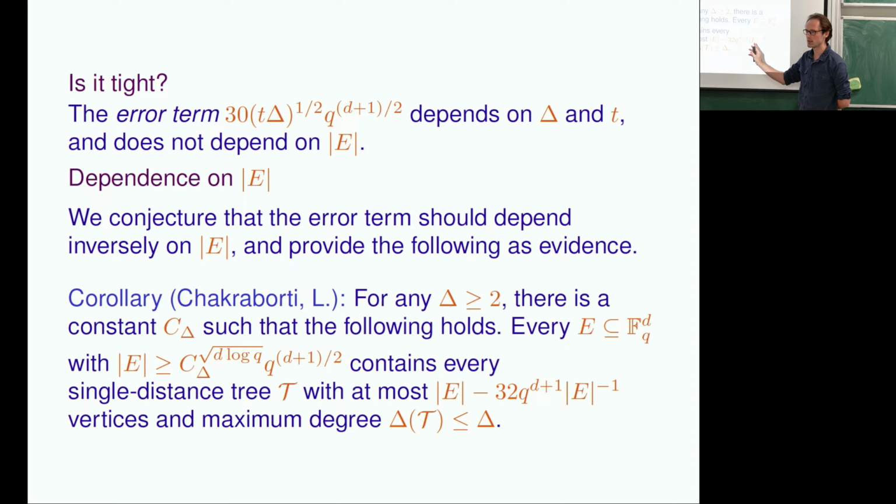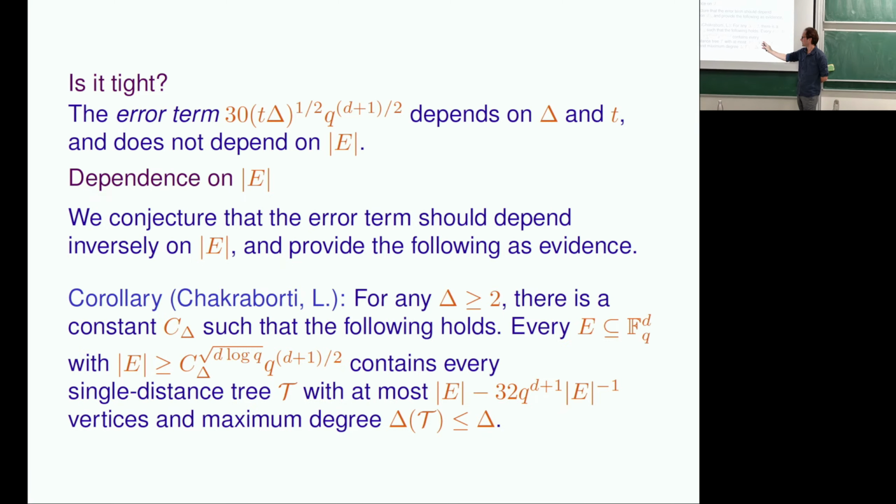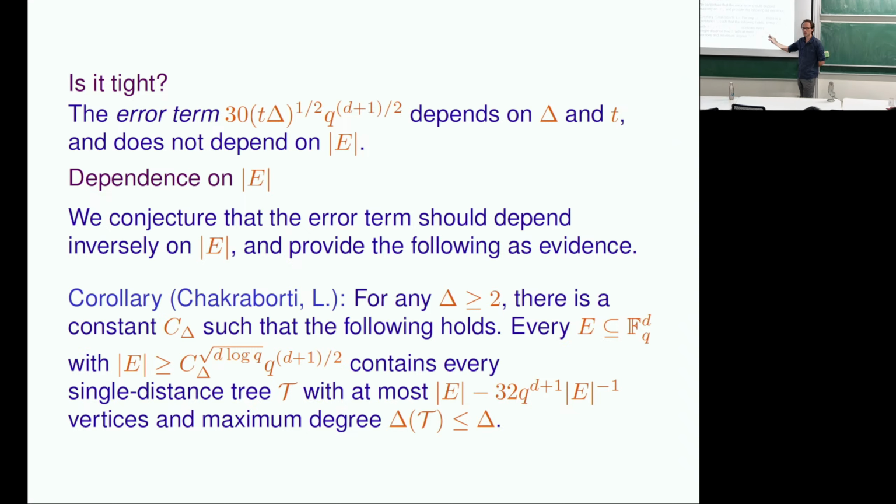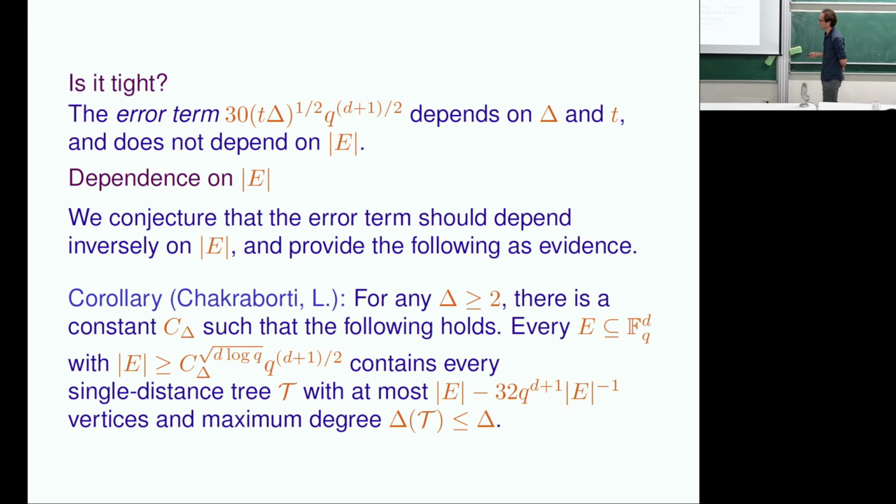So we know that the size of E is going to be at least q to the d plus 1 over 2. If E is roughly q to the d plus 1 over 2, this is comparable to the previous result. But as E gets larger, we're covering all but a smaller fraction of the remaining points. So we have an inverse dependence on E here, and it's the same at the starting point, at the threshold of q to the d plus 1 over 2.